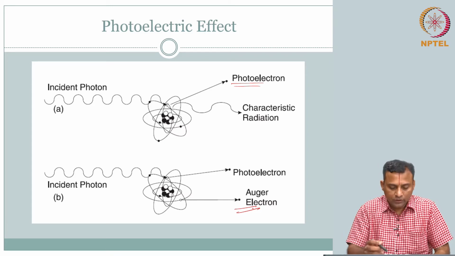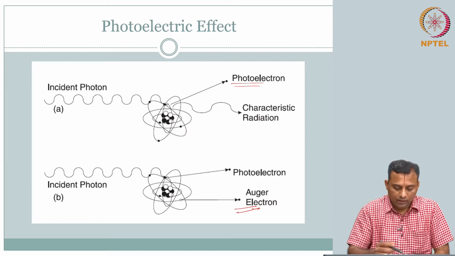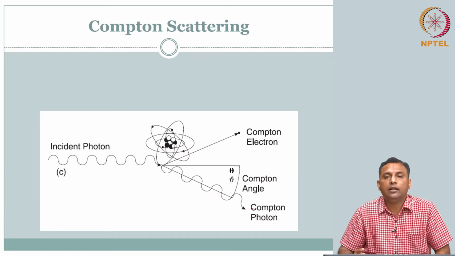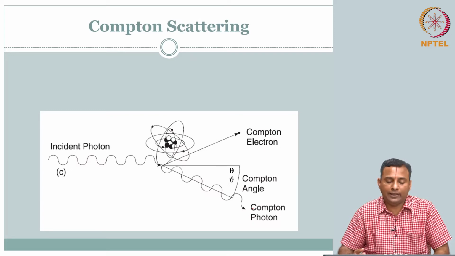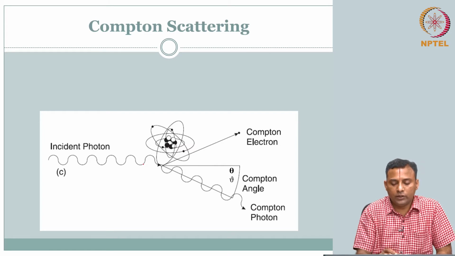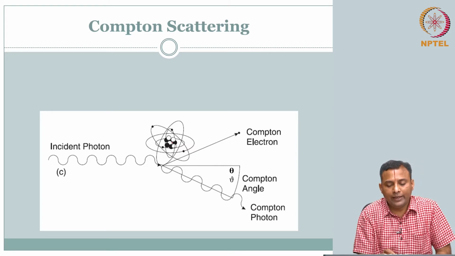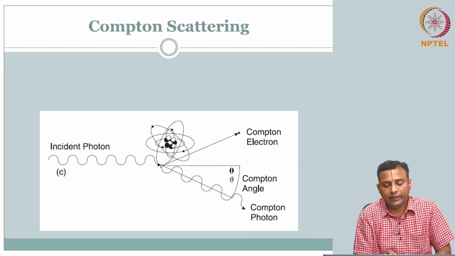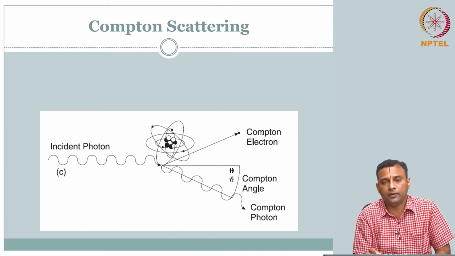Clear? So, let us use the same sketch to also talk about the other effect, which is Compton scattering. Here, the incident photon comes, but notice it is not going into the Coulomb field, it does not go close here. It so happens that when it comes here, it is able to hit an electron, share some energy with that electron, and kick that outer electron out.